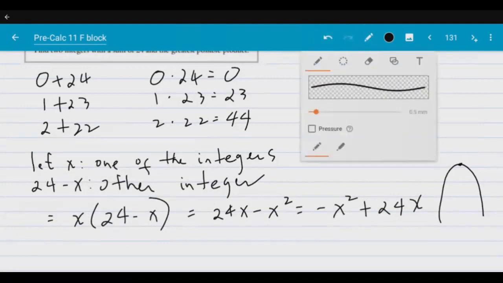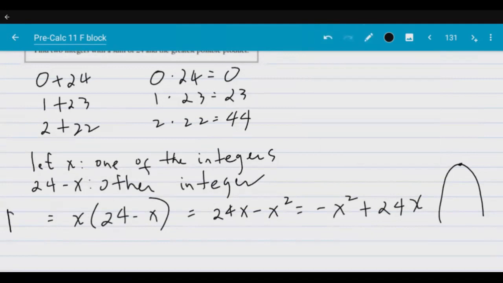P of x. So this point would be given by an x, y value, isn't it? That is the vertex. But that y value really is p of x. So whatever the y value of the vertex is, that is the maximum product.